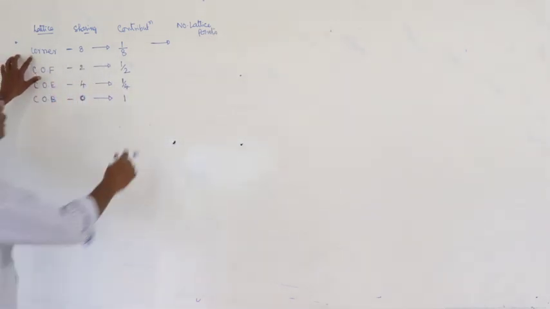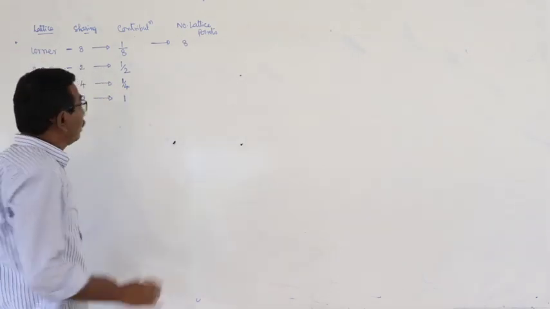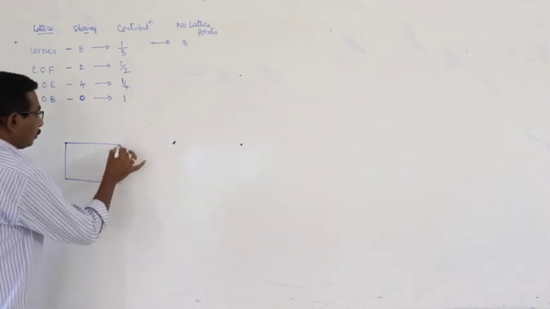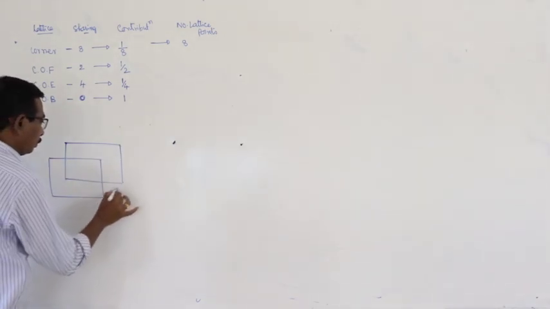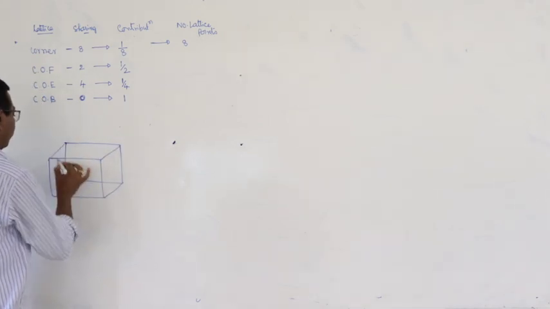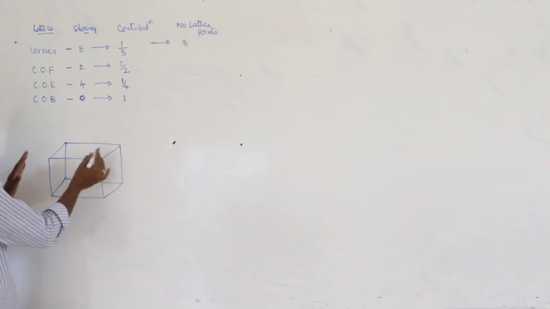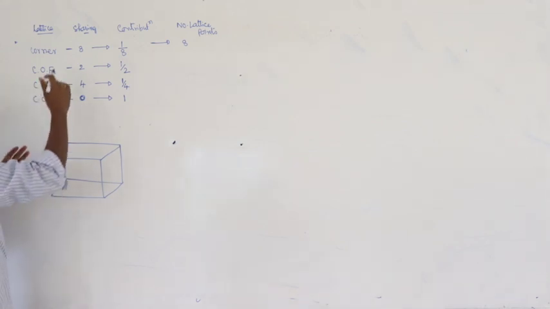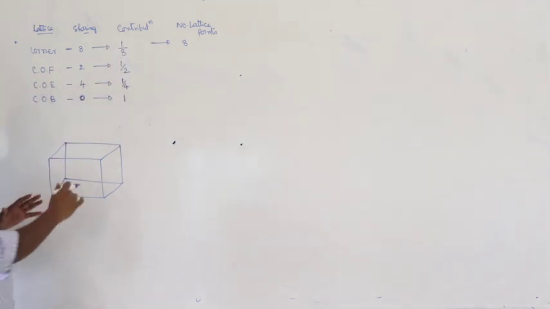How many corners are there for a cube? 8 corners. Look at the diagram. This is the unit cell. Here there are 4 types of lattice points. This is about the sharing of ion by unit cell. This is about the contribution of ion per each unit cell.